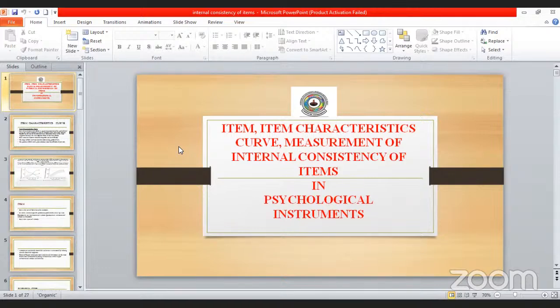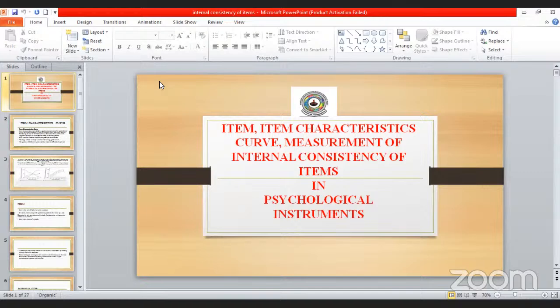In the last class, you have learned about the item and the difficulty value and the item discrimination index.